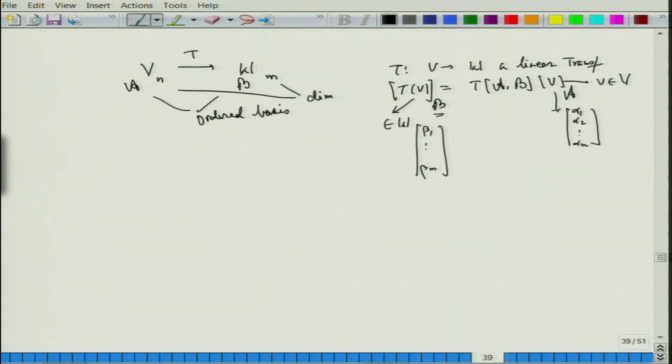So I am going from n vectors to m vectors, so this matrix has to be of the size, just look at it, matrix multiplication, m cross n, fine.